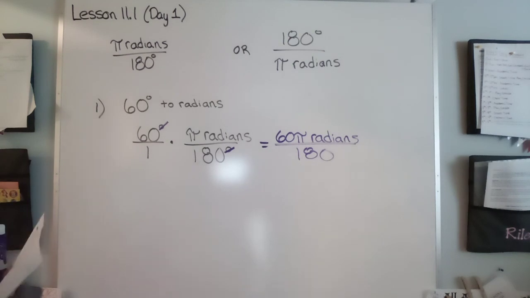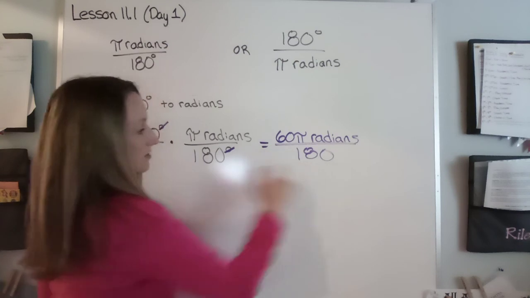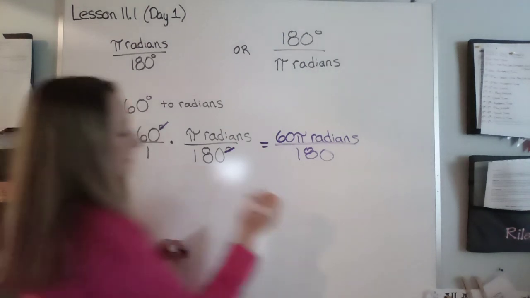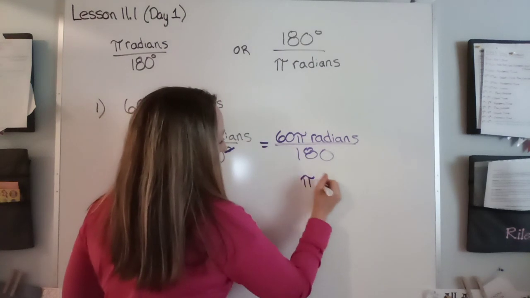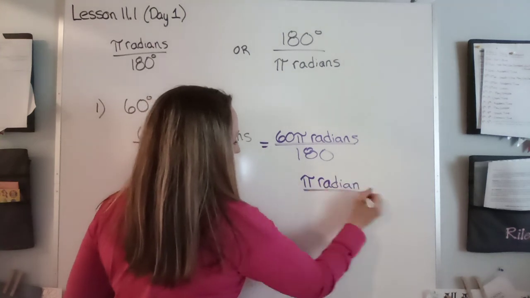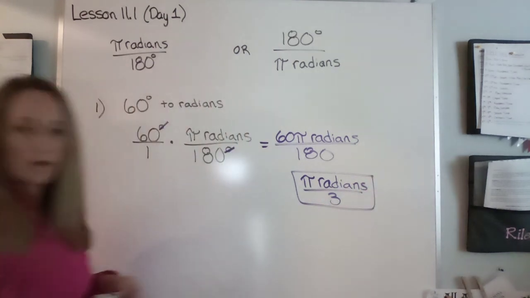So now I need to simplify 60 over 180. Well, to quickly simplify, you can start by knocking the zeros off and make it 6 over 18. And then what is a common factor between 6 and 18? 6 is a common factor. 6 goes into 6 once. 6 goes into 18 3 times. So then you're going to be left with pi radians over 3. And that would be your answer.